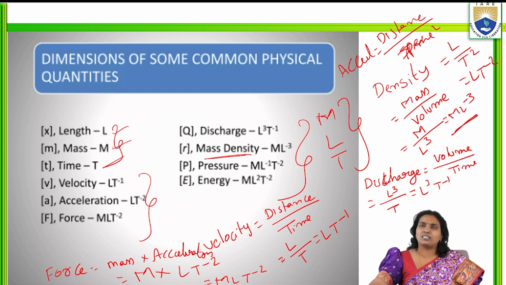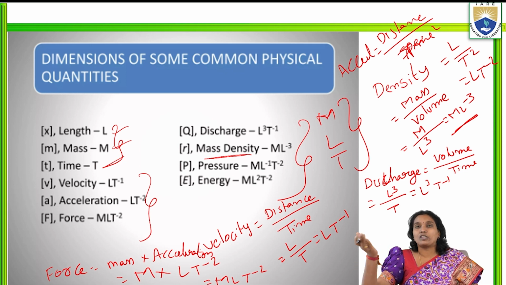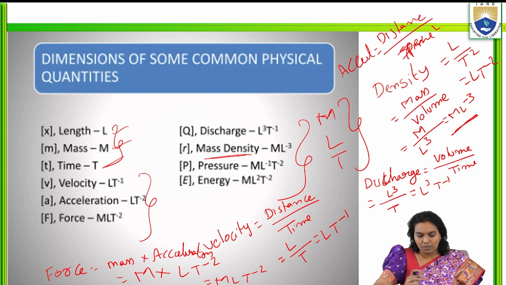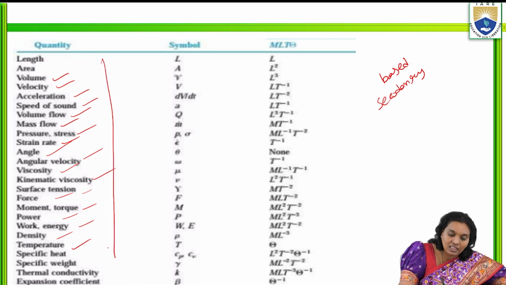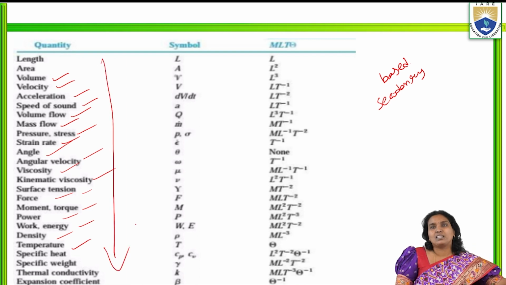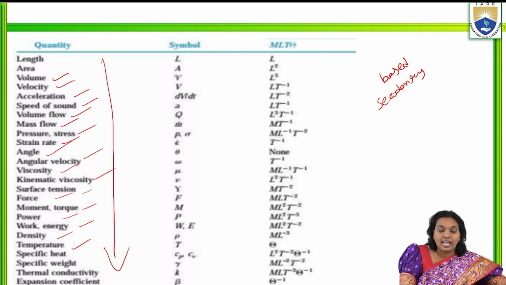These are some of the examples of how we calculate the physical dimension of a quantity based on the fundamental quantities. Based on this, we may calculate all the parameters in terms of dimensional quantity.